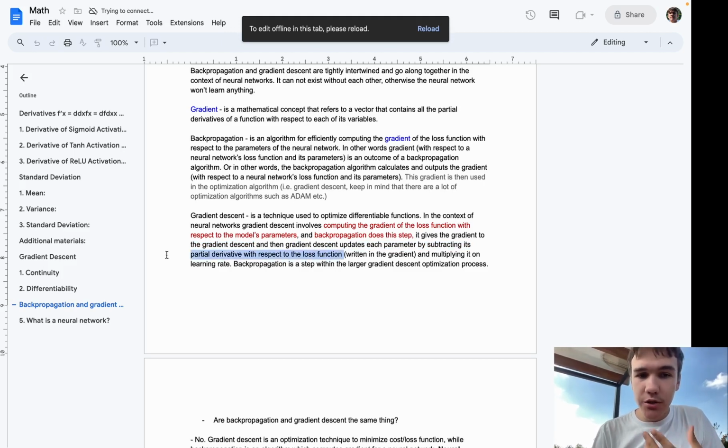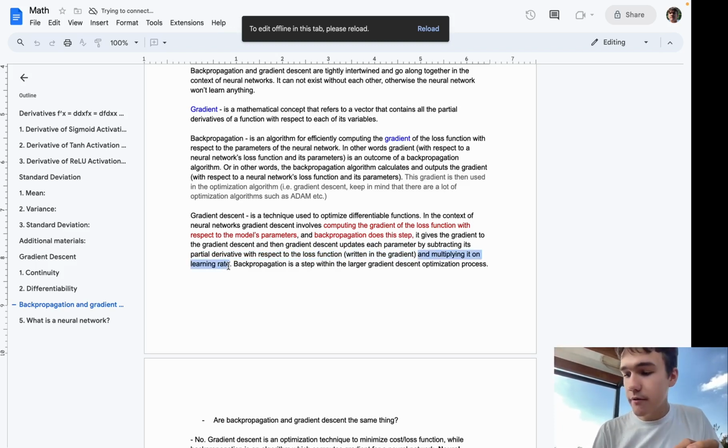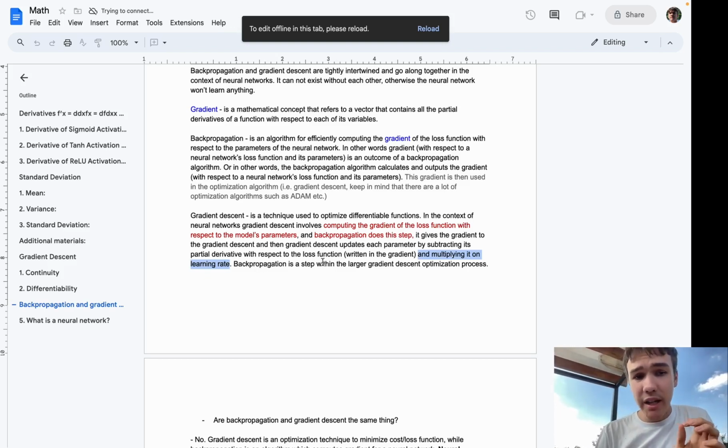The question here is, where does the partial derivative come from? As we've already discussed, the partial derivative of the loss function with respect to the parameters comes from the gradient that was output by the backpropagation algorithm. All these partial derivatives are written in the gradient, and we multiply them by the learning rate. This is important. So we do our updating using the partial derivative of the loss function with respect to the parameters, multiplied by the learning rate.